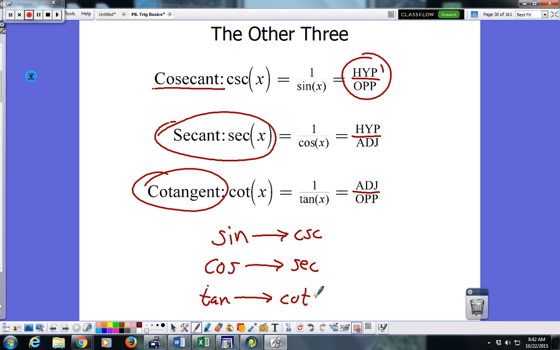Tangent, cotangent, sine, cosecant, cosine, secant. Prefix co. What's co mean? All you English buffs out there. Give me a 1 or 2 word definition for co.